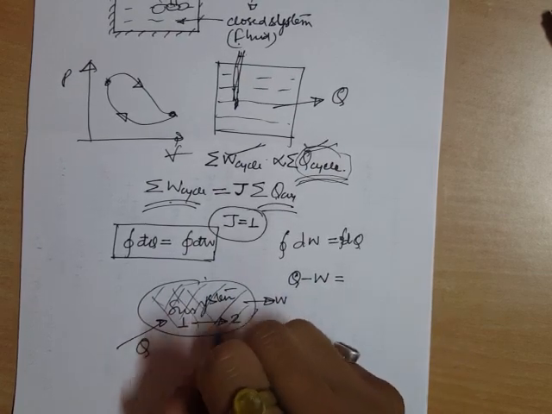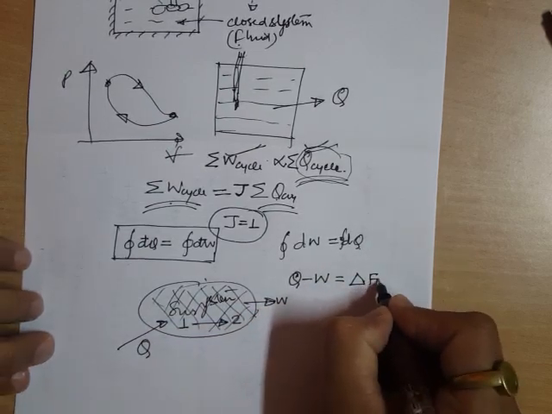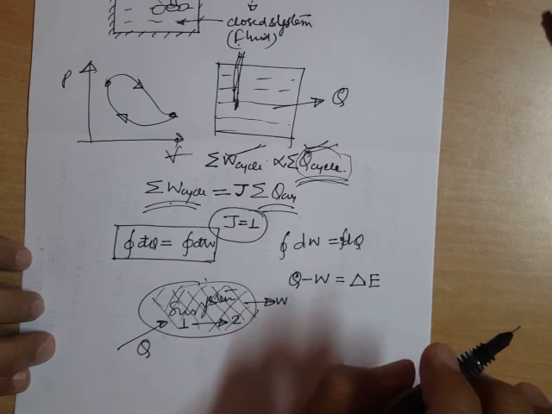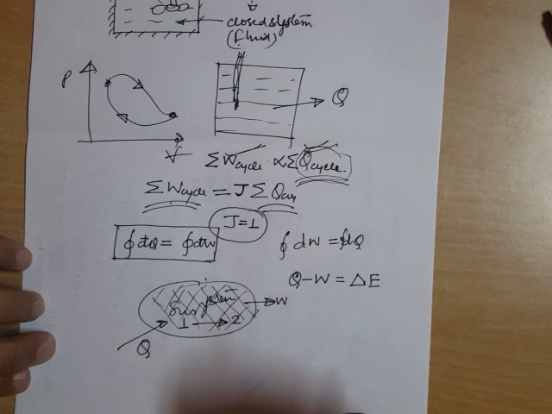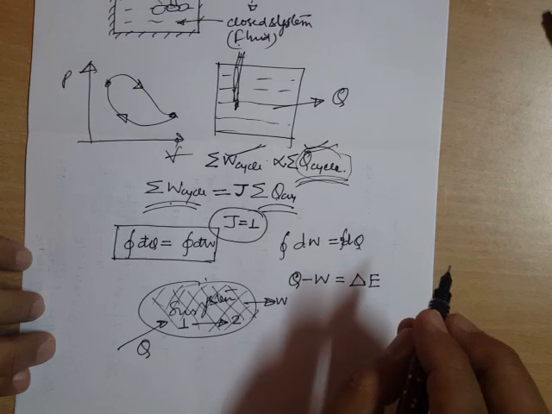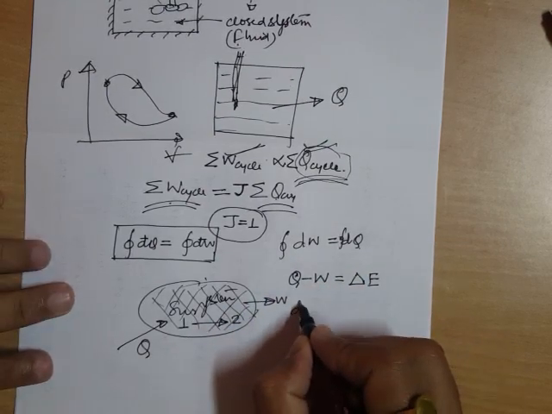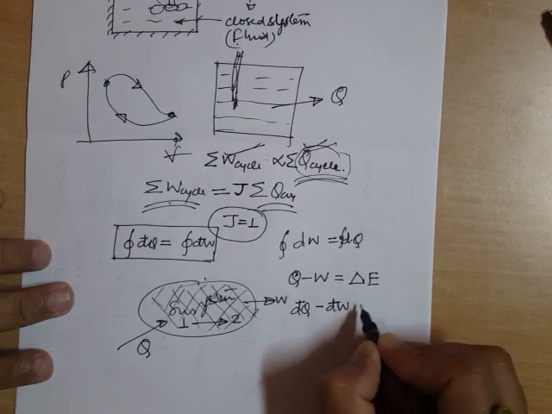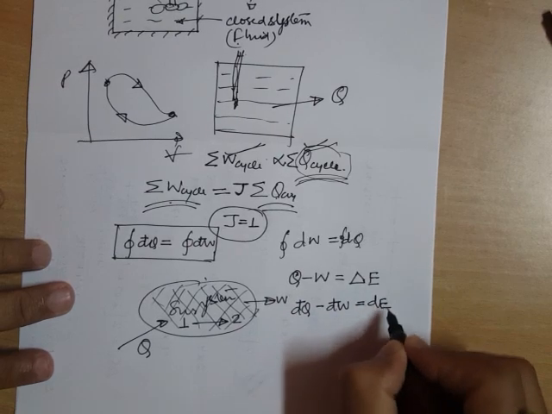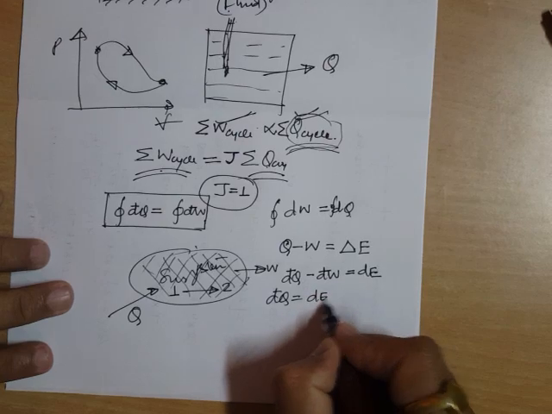Some amount of energy is left with the system, and that energy is known as stored energy, or the system's energy, or the energy of the system simply. So in differential form, I can write dQ minus dW, as these are path functions, is equal to dE, or dQ is equal to dE plus dW.